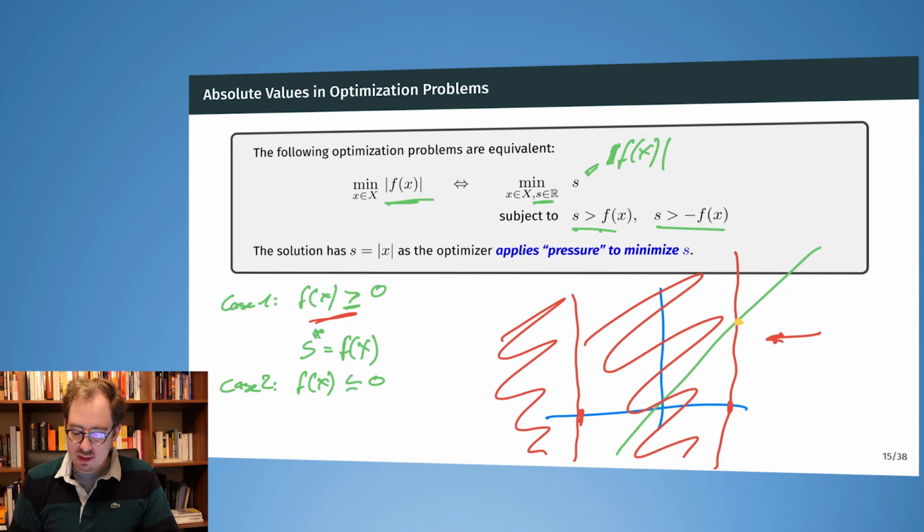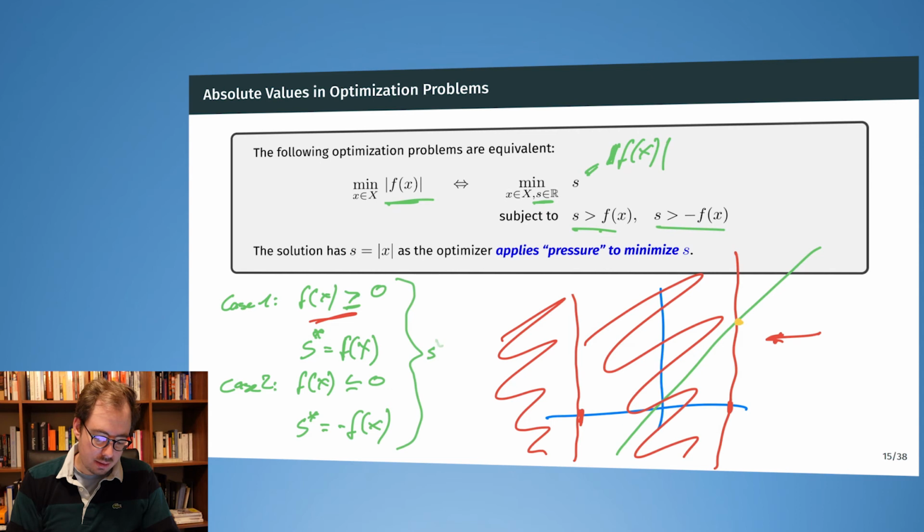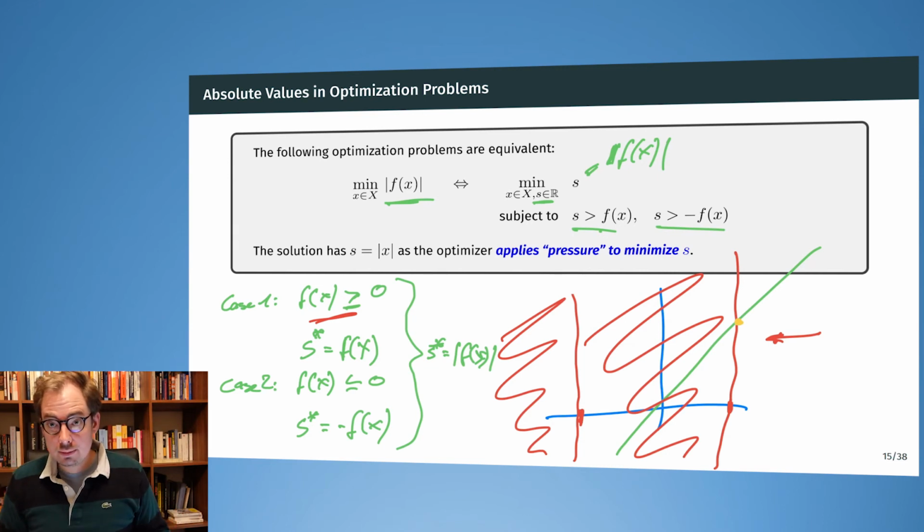We want to minimize s and pushing it into the inequality constraint. And therefore here as well, in the optimum, we have s star, this times minus f of x. And that means, in conclusion, that s star is the absolute value of f of x. And this is exactly what we want to have.